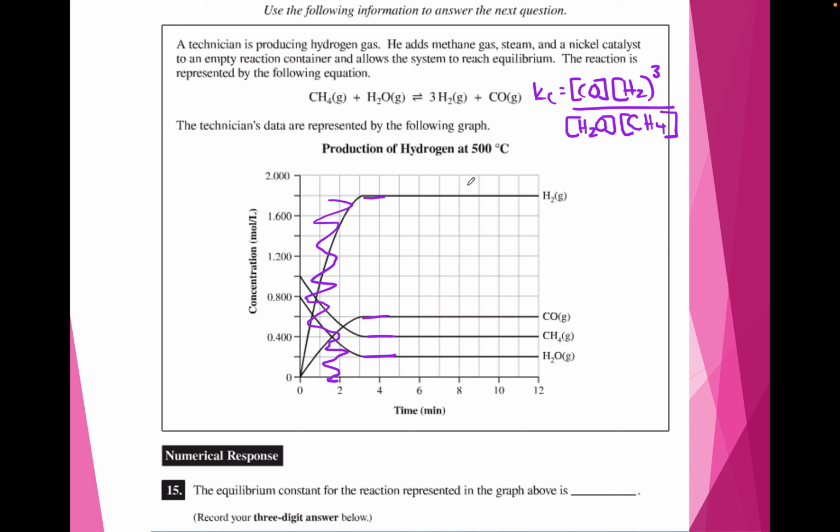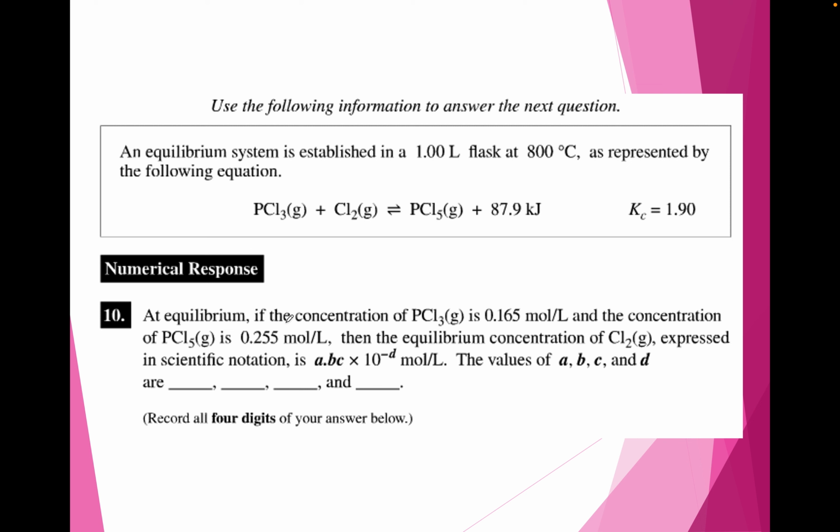For instance, your hydrogen gas would be 1.8, and then double check your units, and that is moles per liter. So we'll plug in that value and then you can keep going. I'll let you finish off this question if you want to, but that is how you would do it. Set up your expression, see where your lines go horizontal, get those values, and then plug it in. So the calculations themselves are pretty easy. I think this one's similar, so we'll skip this one as well.